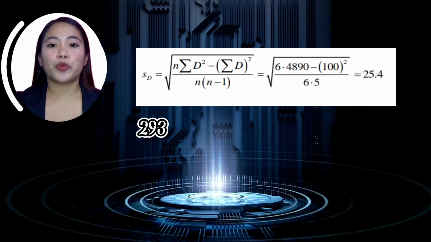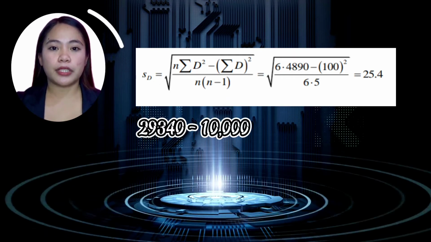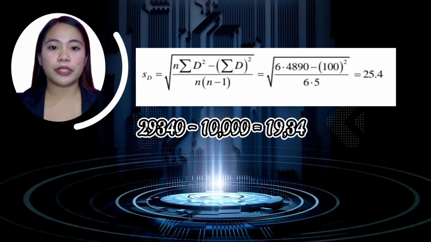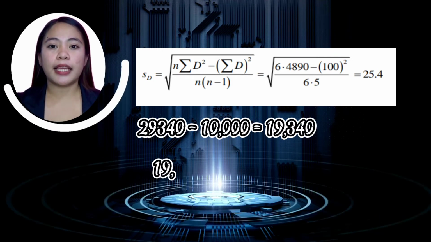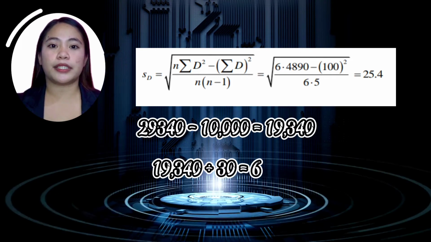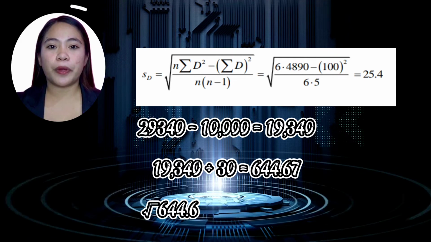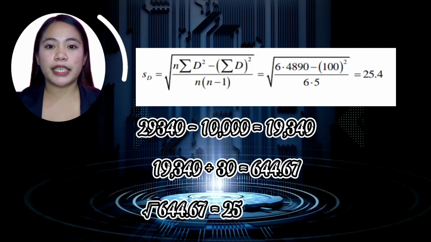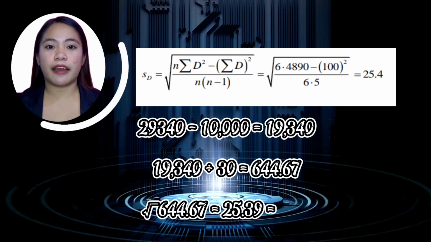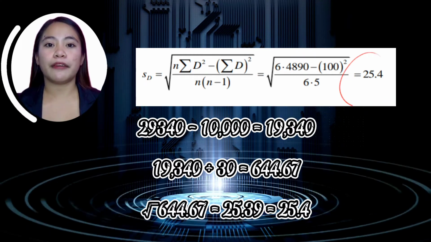Now we have 29,340 minus 10,000 is equal to 19,340. 19,340 divided by 30 is equal to 644.67. So the square root of 644.67 is equal to 25.39 or 25.4.